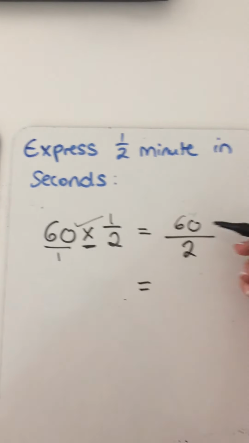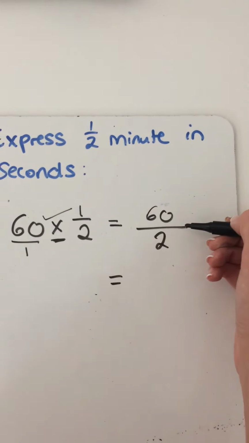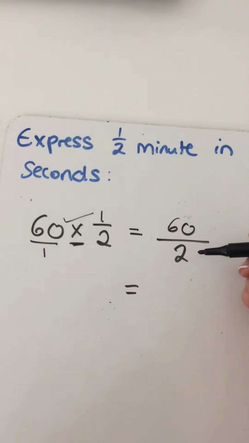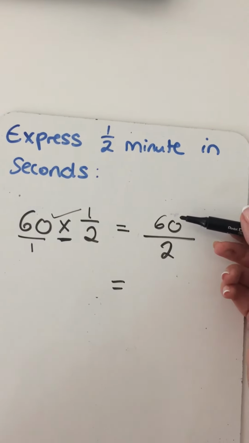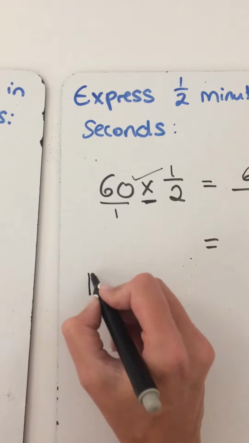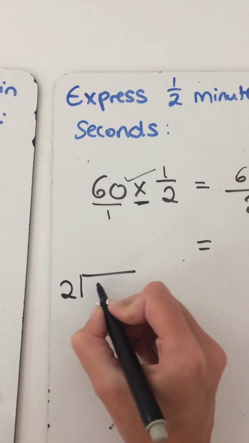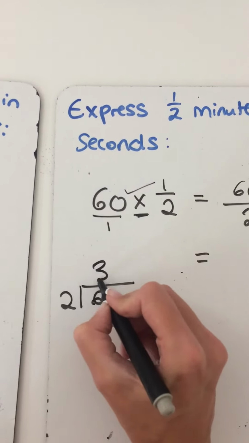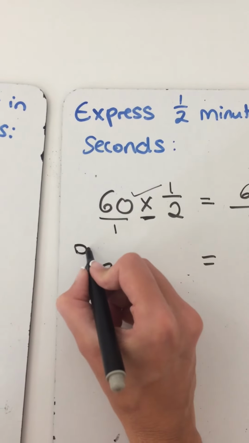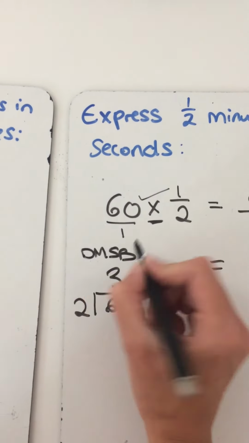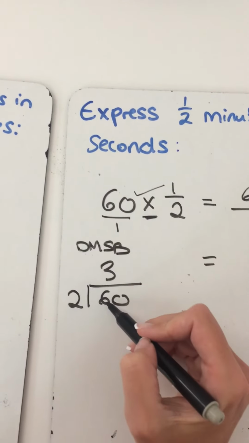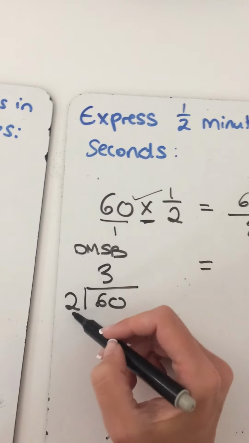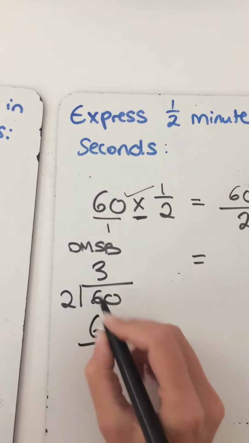We cannot leave our answer like this because it's an improper fraction, so we need to simplify it. How many times does 2 go into 60? We can try and do some long division for this. 2 goes into 6 3 times. Remember, now we're doing daddy, mommy, sister, brother. Divide: 2 goes into 6 3 times. Multiply: 3 times 2 is 6.